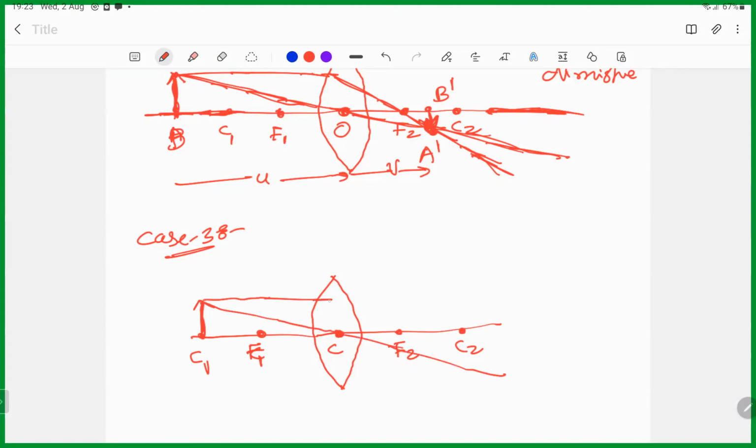If it is this one, then it will pass through F2 and then meets at C2.